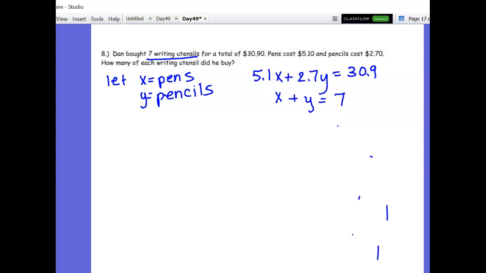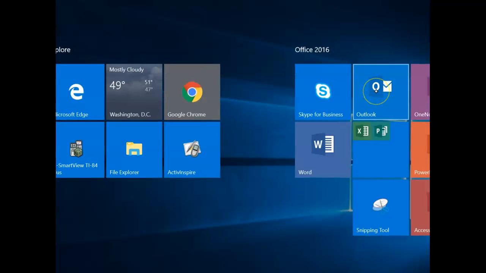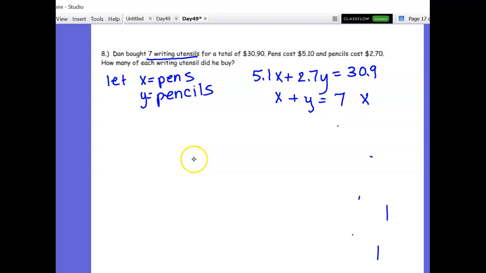Maybe we'll try substitution for this one because we have two coefficients of 1. So I'm going to solve for x and get x is equal to negative y plus 7. Okay, so we brought the y to the other side, and then we just substitute in there for our x value.